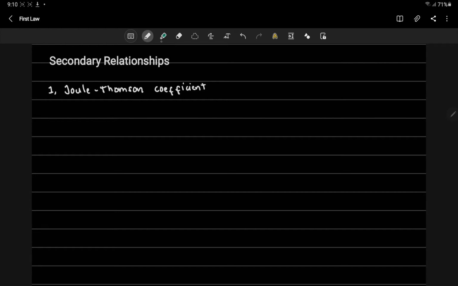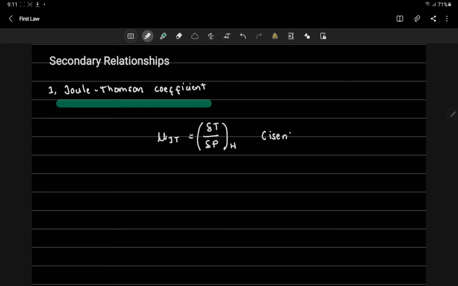So, ang formula or the way we describe mathematically yung relationship na ito is that si coefficient ni Joule-Thomson, which we will symbolize as mu jt, is equal to the derivative or change in temperature with respect to pressure when it happens at constant enthalpy. So kapag constant si enthalpy, ang tawag natin doon ay isenthalpic.